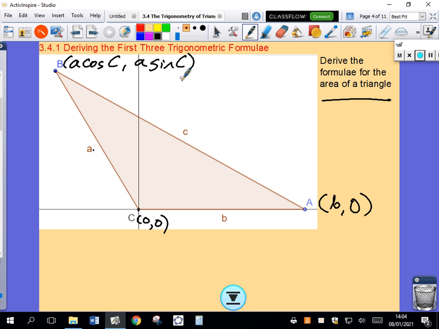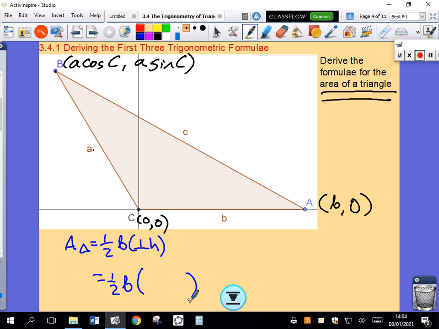I want to derive the formula for the area of a triangle, and I do it by using my formula from primary school, which said the area of any triangle is equal to a half times its base times its perpendicular height. So in this triangle, a half times its base. In this case I've placed b on the x-axis, so I'm going to use that as the base, b is the base.